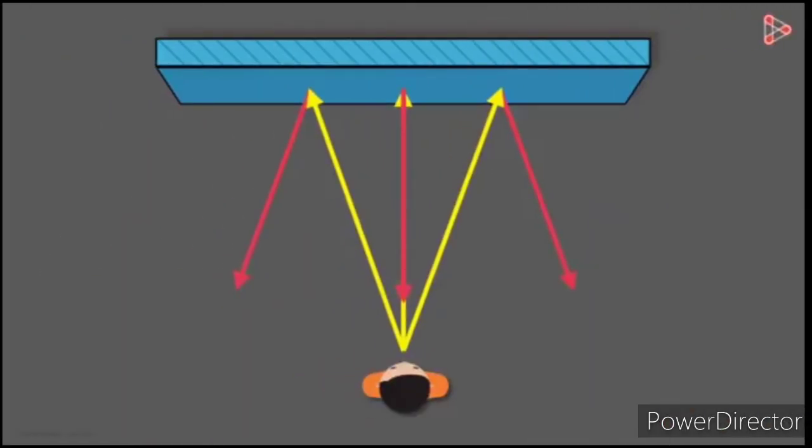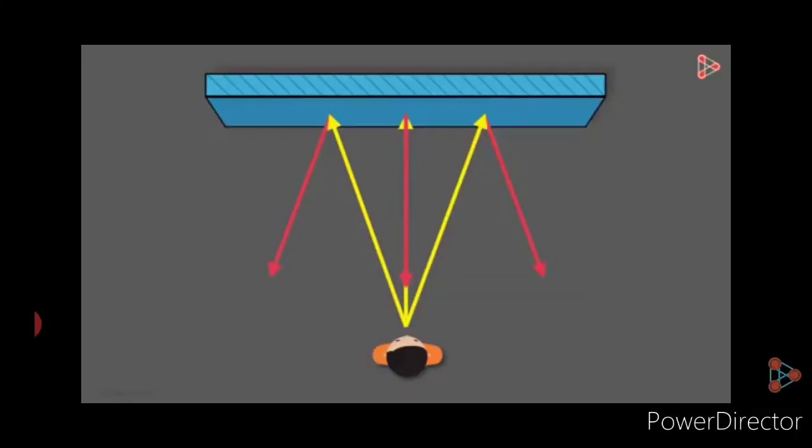So when many incident rays are diverted in many directions and meet an obstacle, they get reflected, and these reflected rays reach our ears, and you are getting the repeated sound of the original sound. For example, if I'm clapping my hands, the original sound is the clapping of hands, isn't it? Or if I say hello in front of a mountain, I get a repeated sound, isn't it? So my original voice hello is the original sound, and the repetition I hear is the echo. So this is how it reaches our ears.